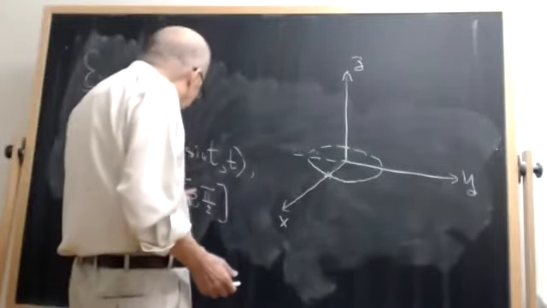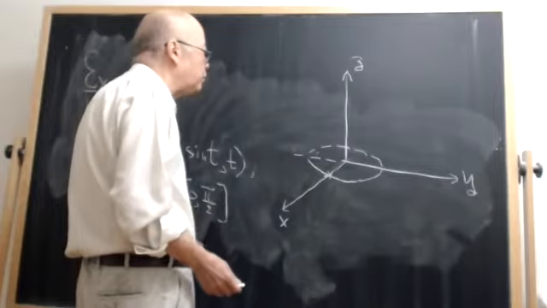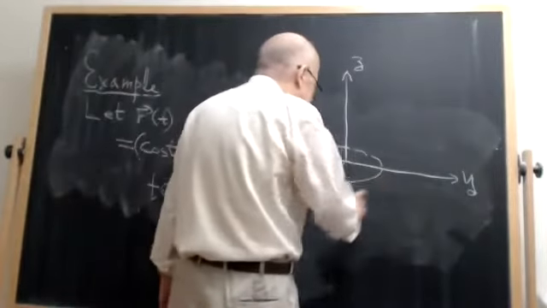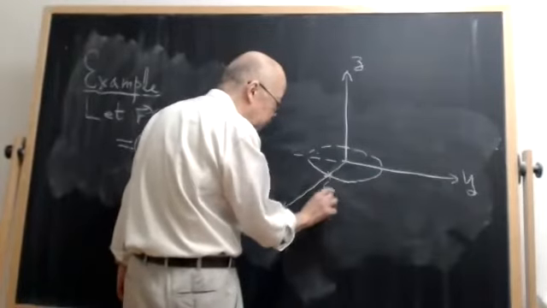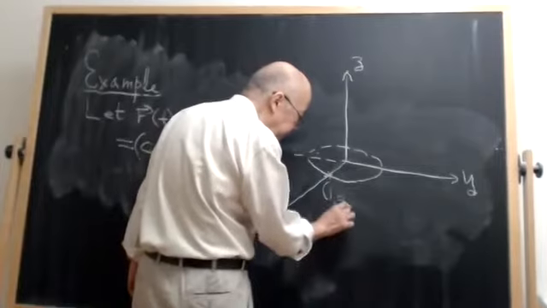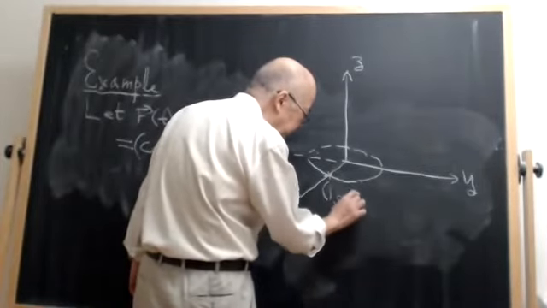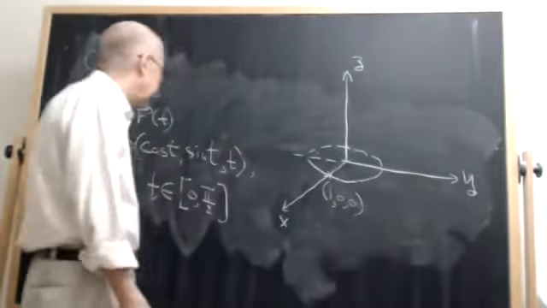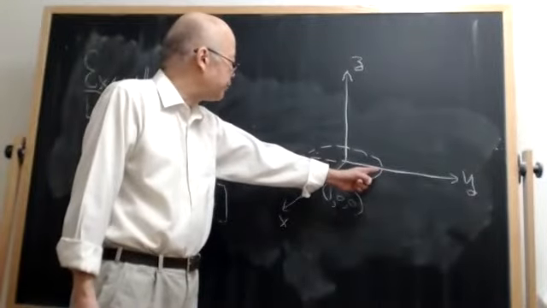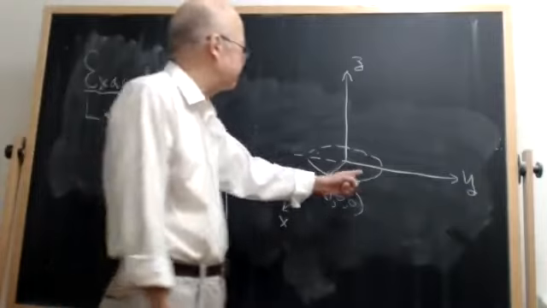Now, when we are up to t equal to pi by 2, what is this point first? This is 1, 0, 0. We just saw it. And then this point corresponds to what?